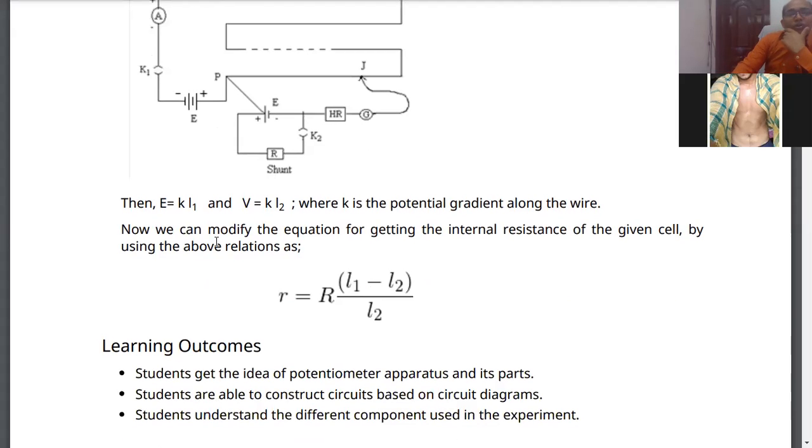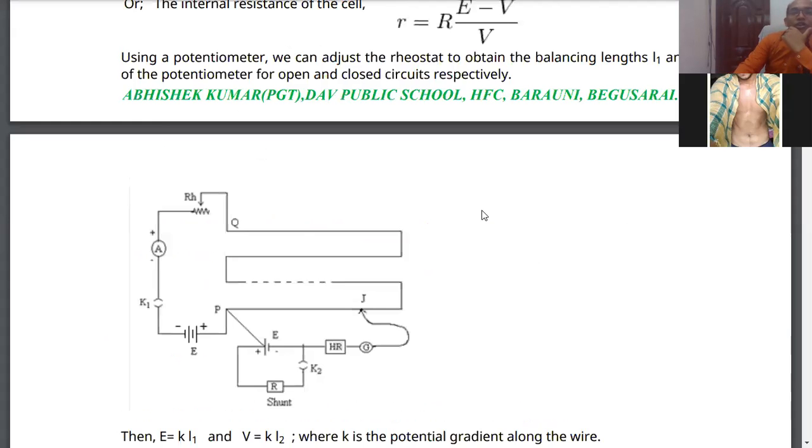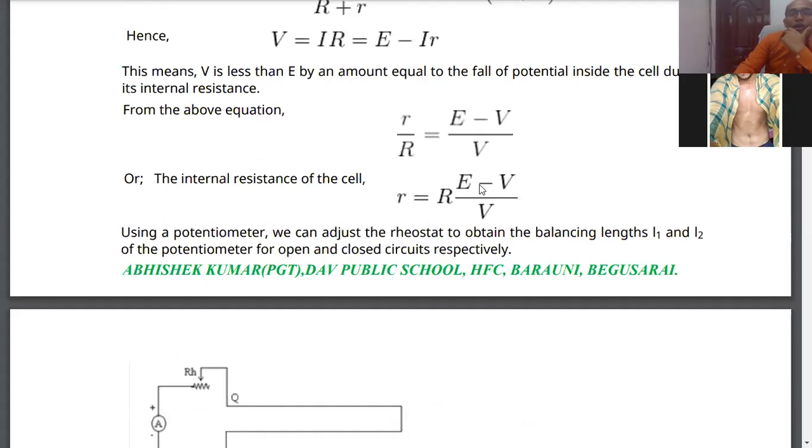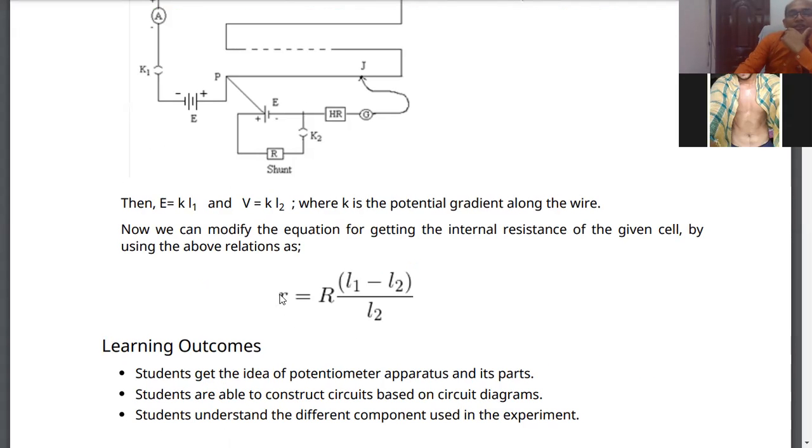Now we can modify the equation for getting the internal resistance of the given cell by using the above relations, replacing E by KL1 and V by KL2 in this expression. So we get the result, because E and V are not to be measured here.